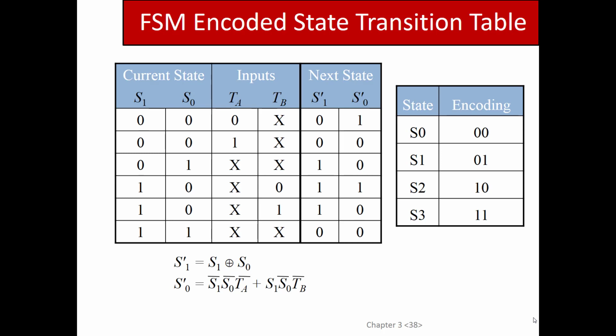And if that is true, then I don't care what TA is, and well, look at that, I don't care what TB is either, right? Because TB is a 0 and a 1. Guys with me? So that's going to be S1 and not S0.